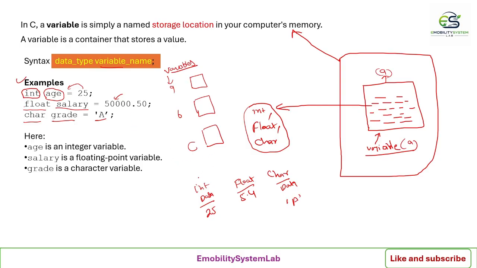Here we are not able to understand where to store this integer data in memory, because no data type has been mentioned. I will not understand whether I need to store this value in this container or that container.